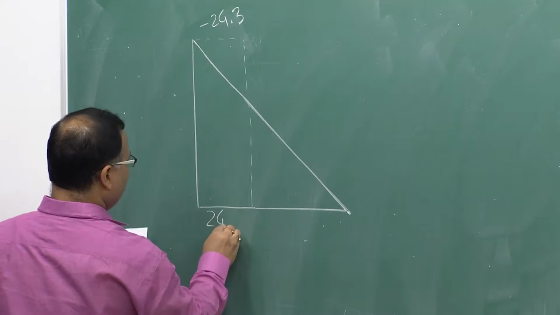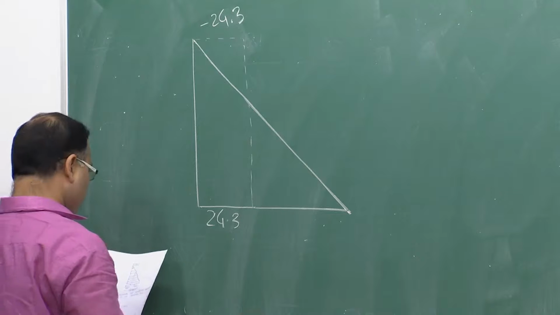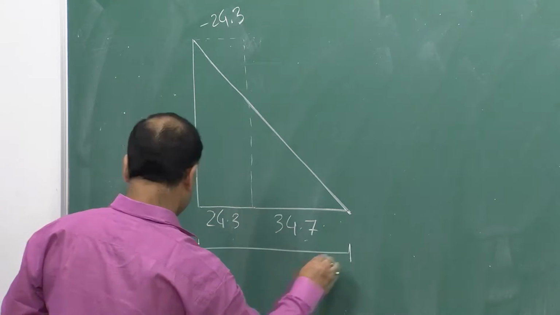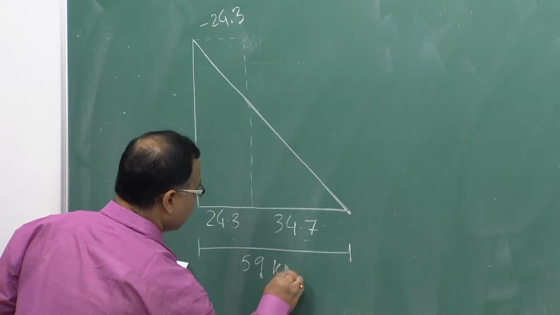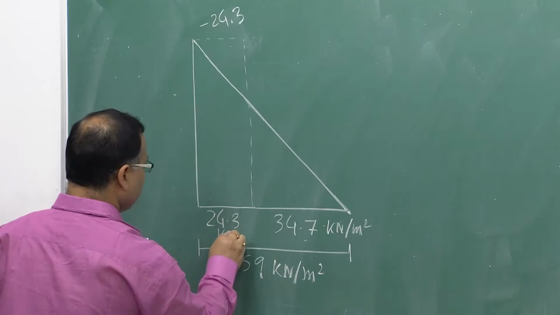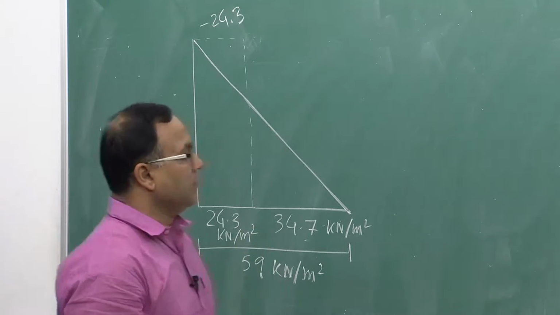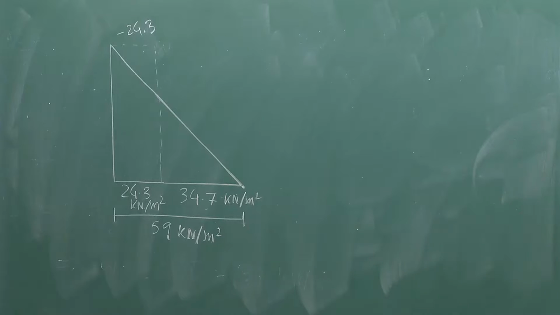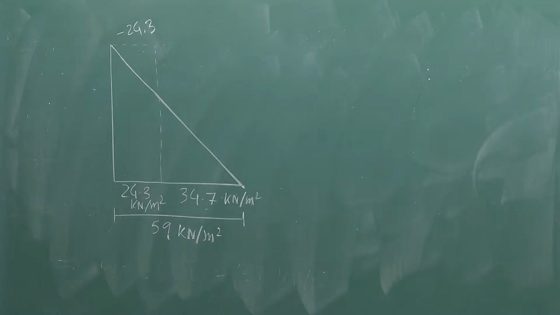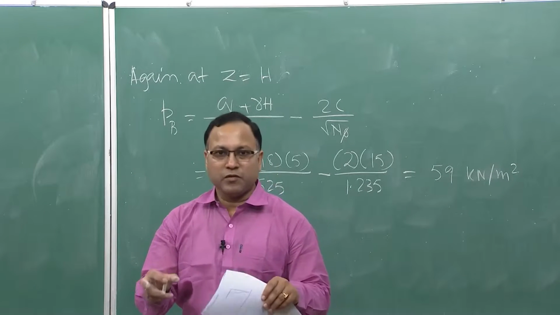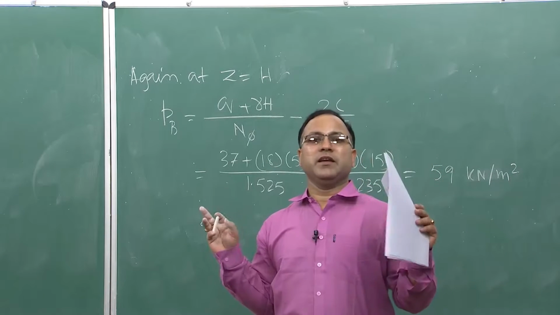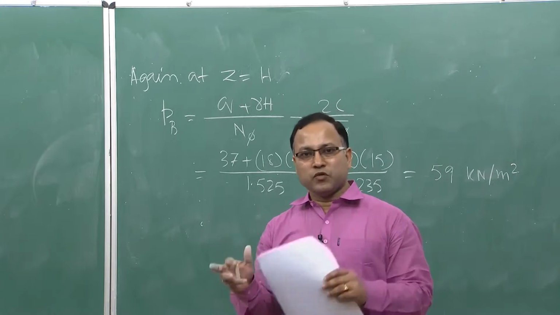This is your 24.3, which is getting neutralized by this surcharge, and this is 34.7, and total is coming 59. Understood? So, this negative part we are able to avoid by putting this fictitious surcharge, or whatever uniform surcharge we are putting. If we put 37 kilonewton per meter square on top of the backfill, we will not be getting any tension crack. So, tension crack can be avoided by putting this kind of surcharge.